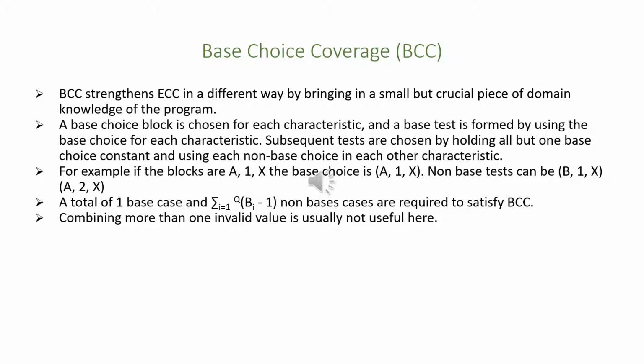A base choice block is chosen for each characteristic and a base test is performed by using the same base choice for each characteristic. Subsequent tests are chosen by holding all but one base choice constant and using each non-base choice in each other characteristic.